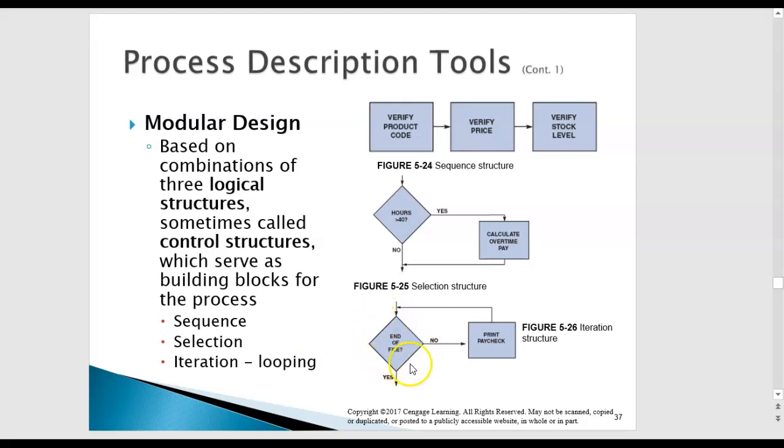So for example, over here, if you've reached the end of the file, then yes, terminate the process, or store the data in a data store, or send it to an entity. If no, then you can go back to the loop and redo some of the steps that are involved in the process itself.